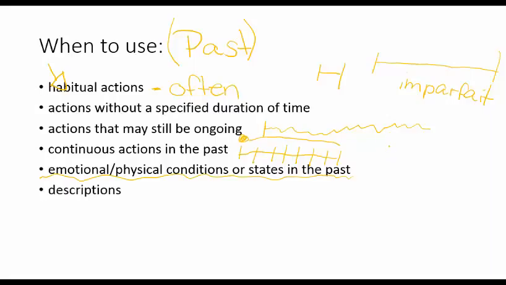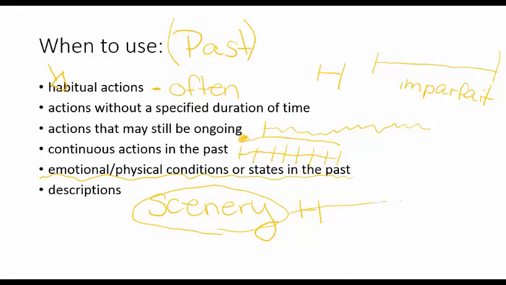And then we also have descriptions. So if we have scenery, it doesn't start and stop. It has a whole ecosystem and lifespan around it, and it keeps going long after your story, and it started long before your story, so it's in the lovely imparfait. It's not perfect, but it works. See what I did there?